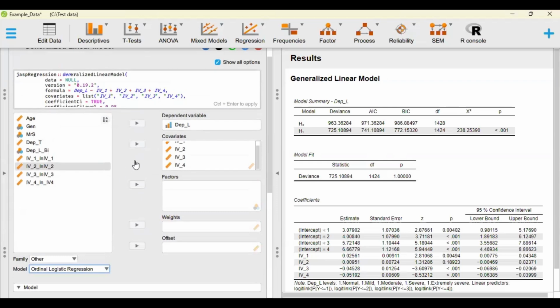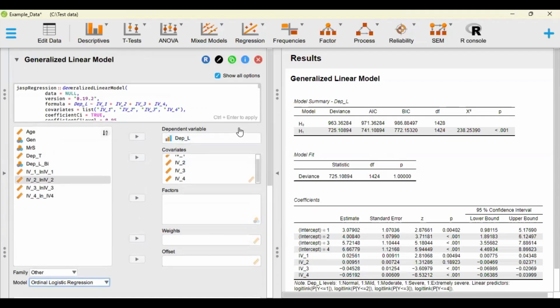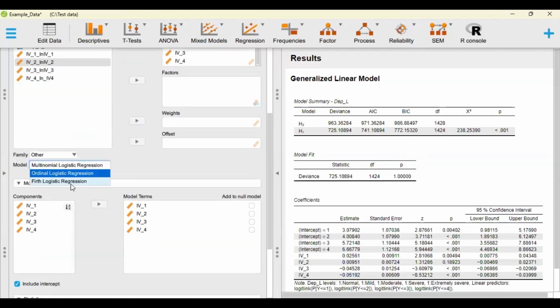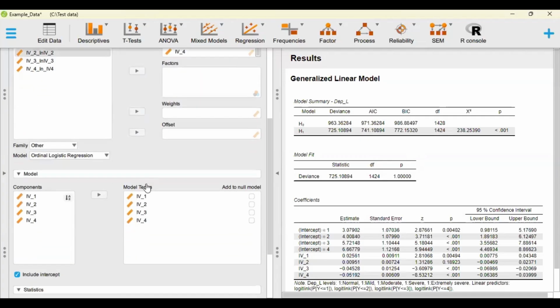And it was not the first time. JASP also had a history of bugs in some of the analyses in previous versions that they fixed in newer versions. So for that reason, I would not recommend using JASP for ordinal or multinomial logistic regression.